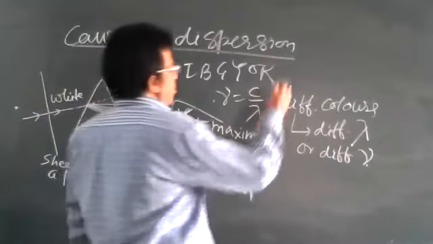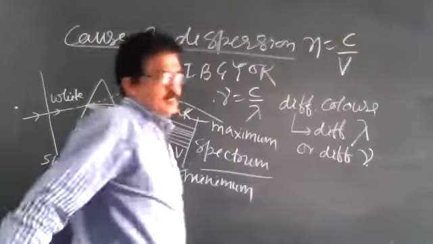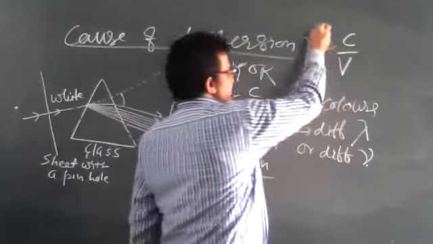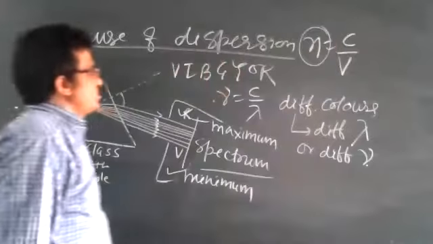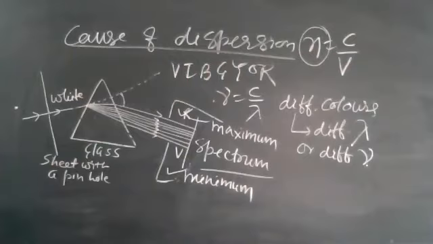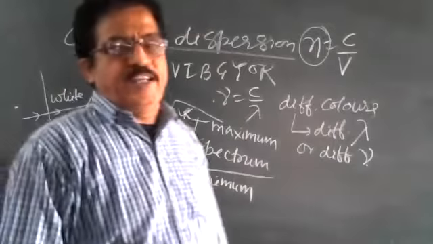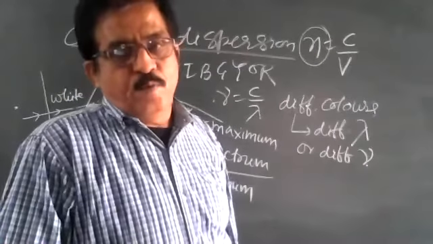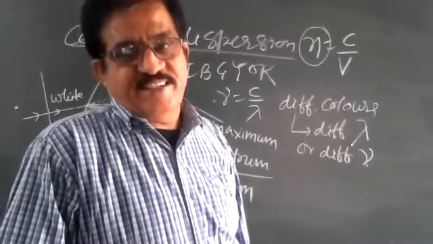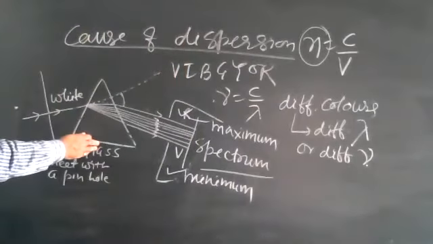Because I know the formula of refractive index, n is equal to c by v, where n is the refractive index. Because refractive index is different, speed is different for the different colors. लिखो, speed is different for the different colors.